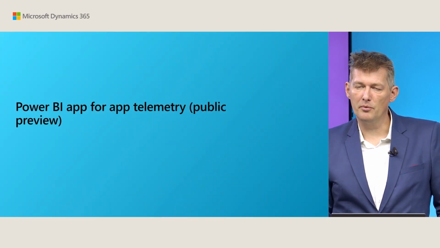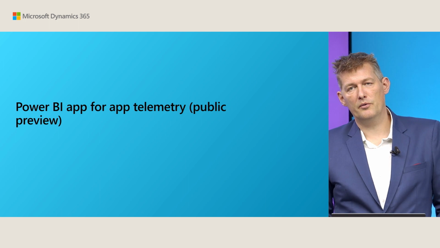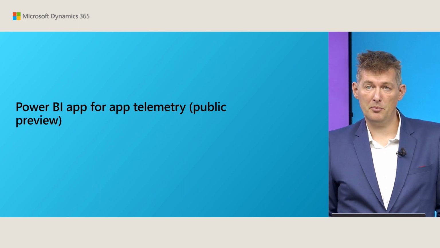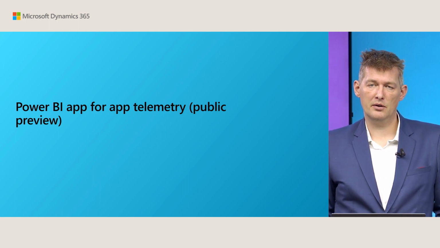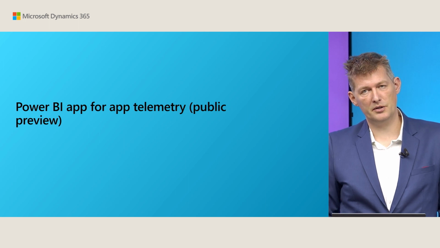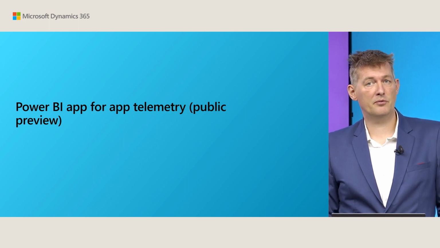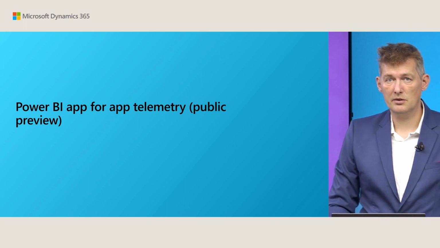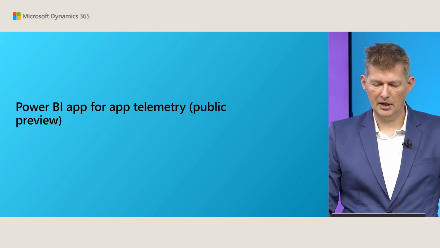But there's more. We also recently announced public preview at the BC Tech Days conference that we have a new Power BI app for ISVs, or what we call app telemetry. And I would like to show you a few of these pages that you can now use for your Business Central app.